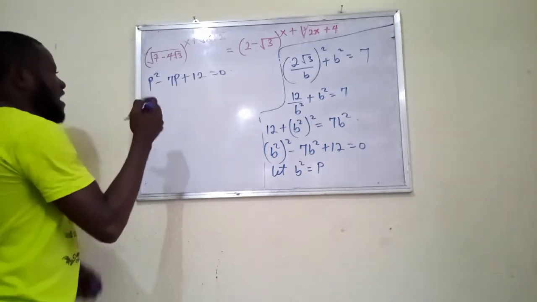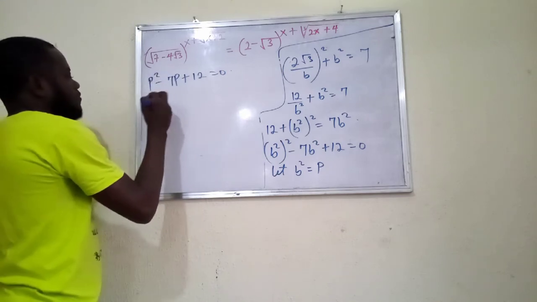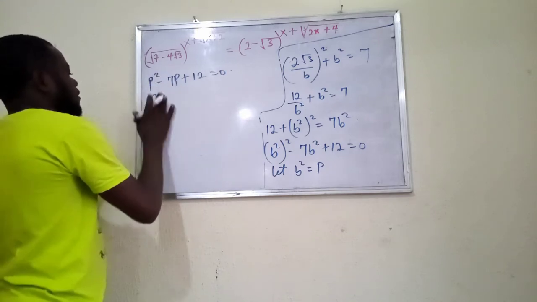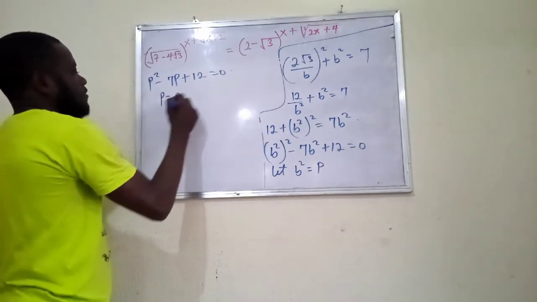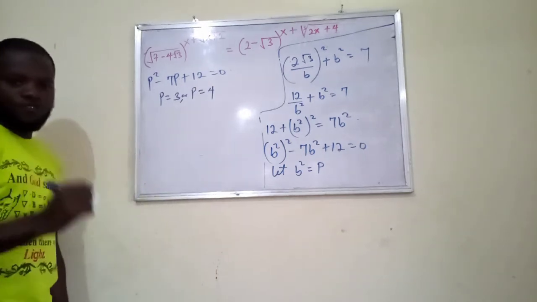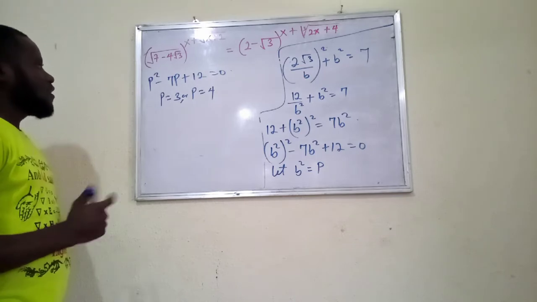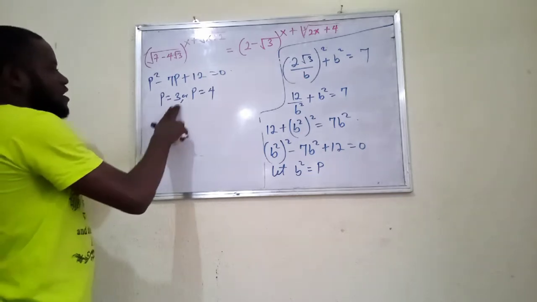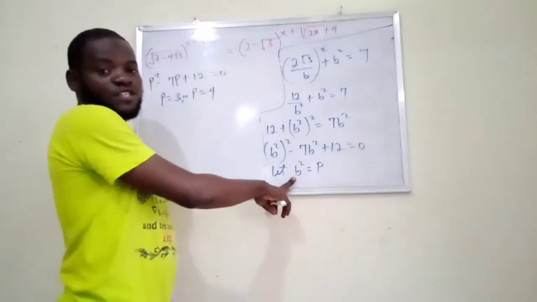So if that should be the case, I can then have p squared, and to save our time, p will become 3, or p should become 4. You can solve that and see what the result will look like. If p equals 3 or p equals 4, recall that p is the same thing as b squared.